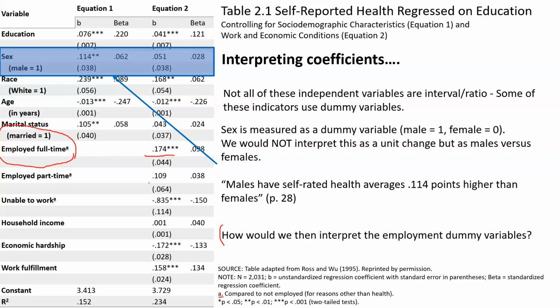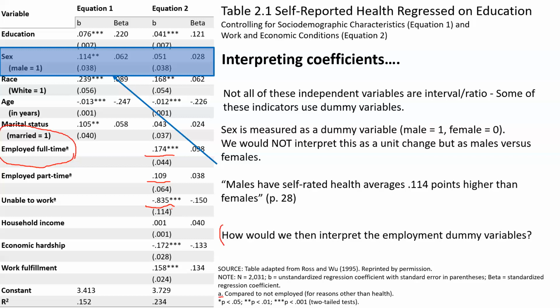Here we would say individuals who worked part-time had self-reported health scores 0.109 units higher than those not employed for reasons other than health. Now what happens here? Those who are unable to work, this is a pretty powerful measure. Those who are unable to work reported health scores 0.835 units lower than those who were not employed for reasons other than health.